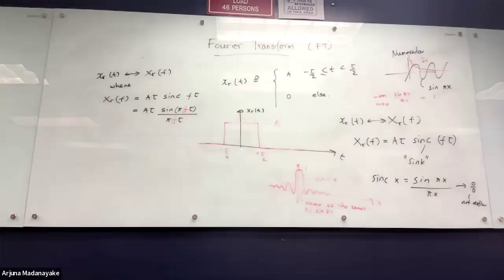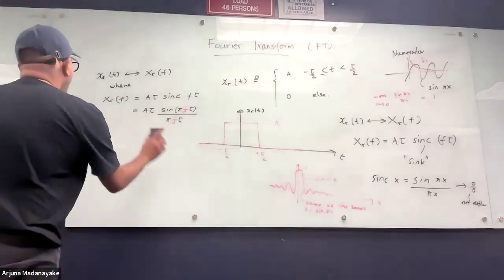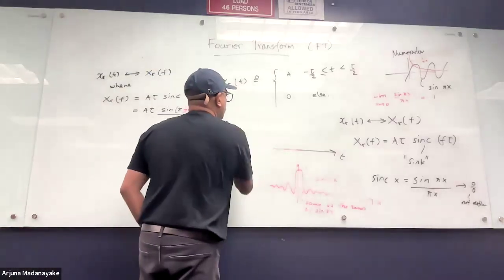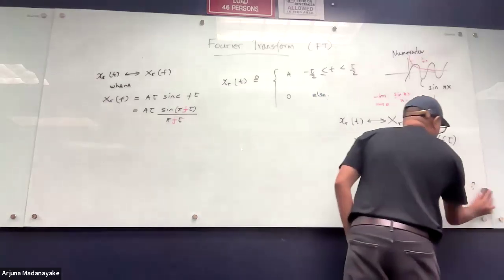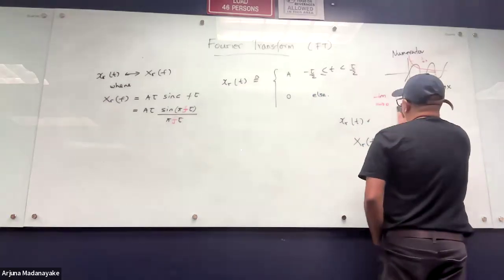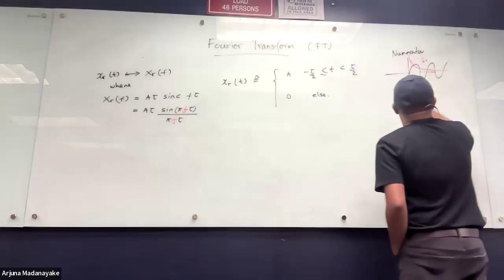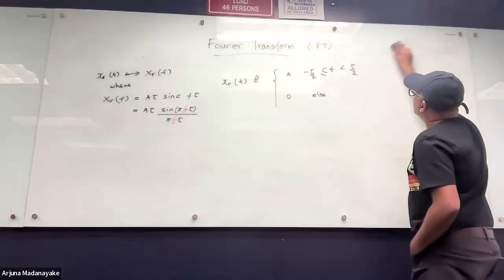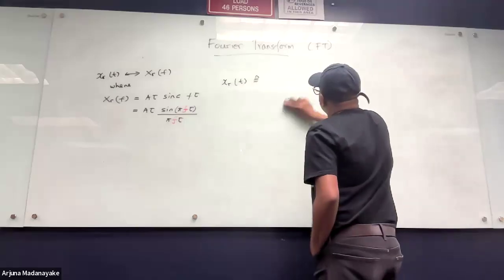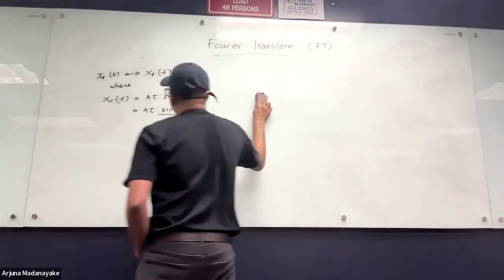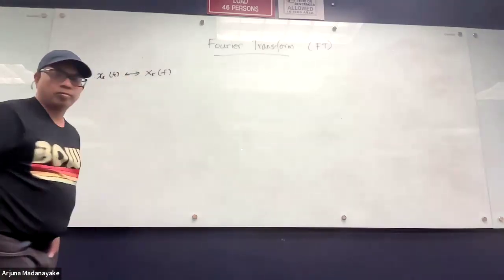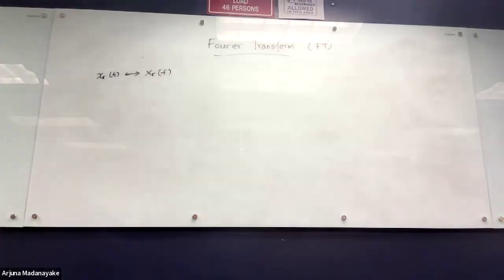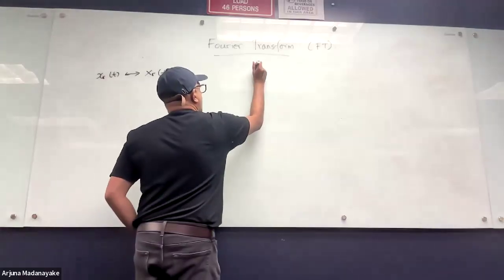All right, so the problem would be: we take a pulse train, so we're going to take a bunch of rectangular pulses now.